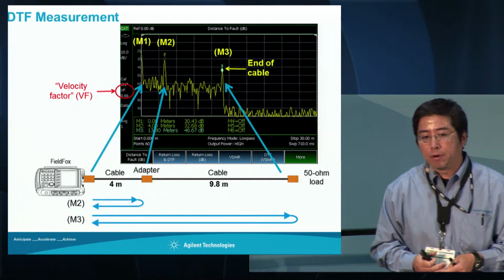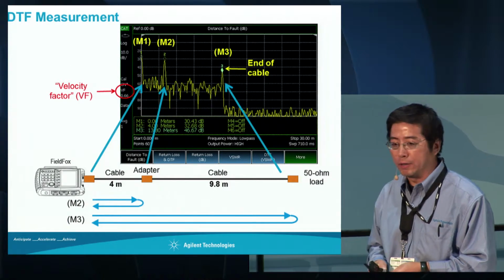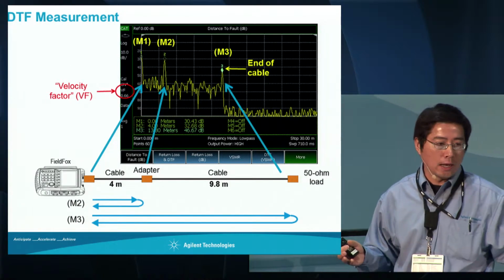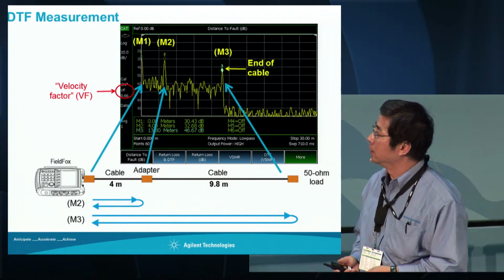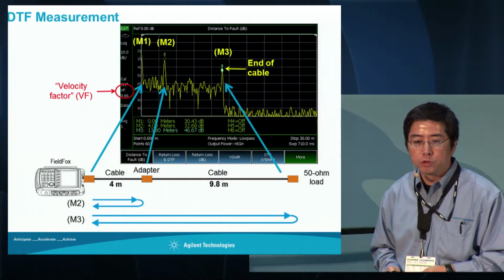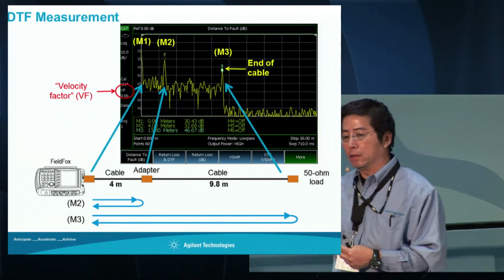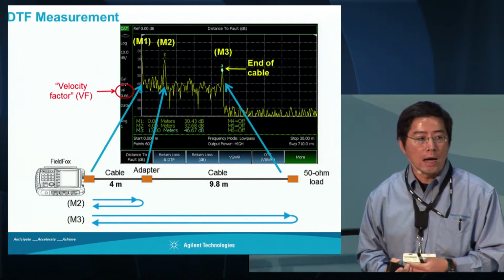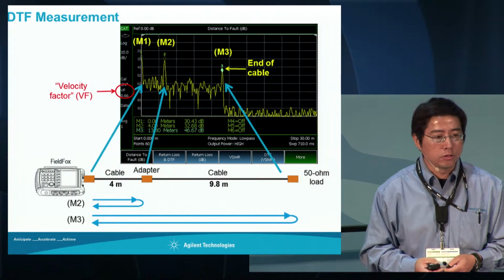So there are certain parameters you need to let the instrument know, for example, what's your frequency span, and what kind of media you're transmitting in. Because you're no longer in a vacuum, there is a velocity factor. And since you transmit on the cable, going back and forth, the loss also plays a role. You take all those into consideration.